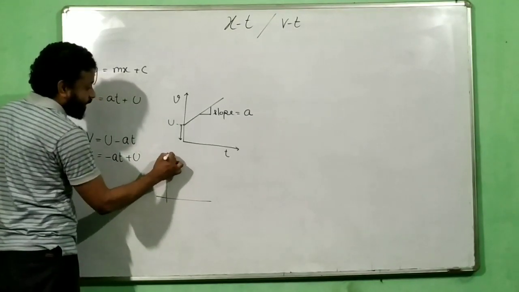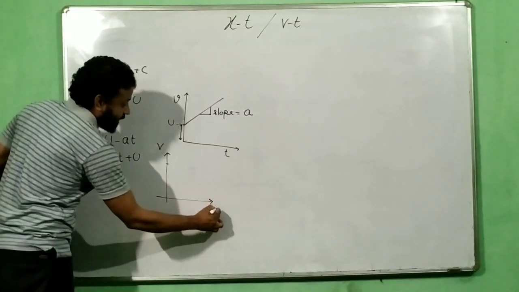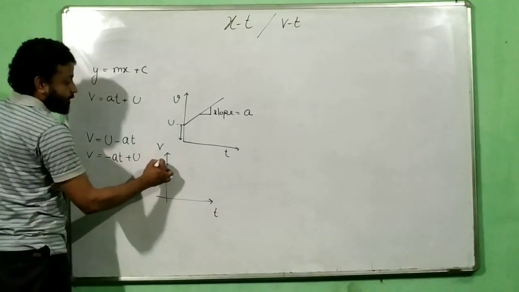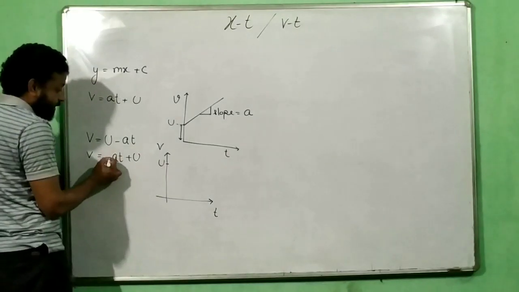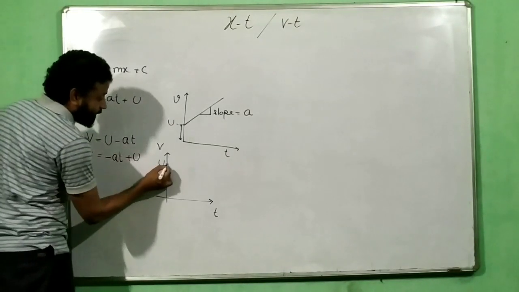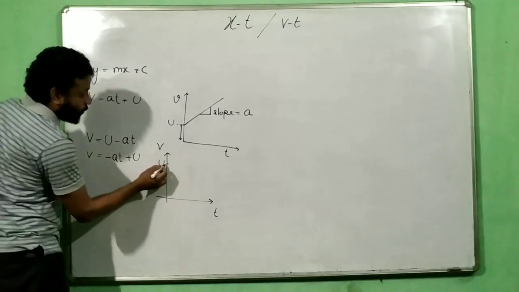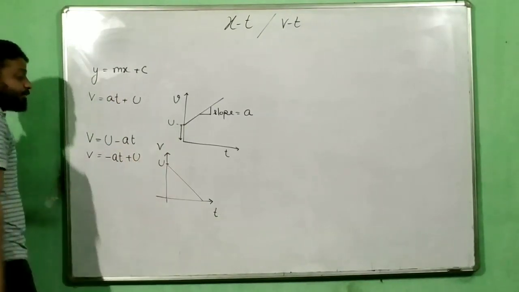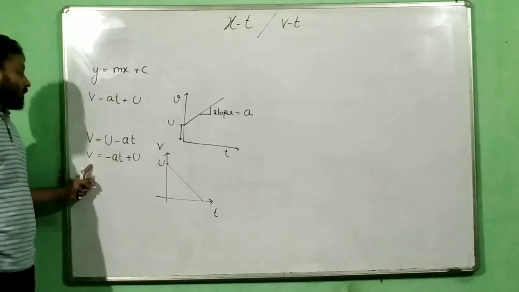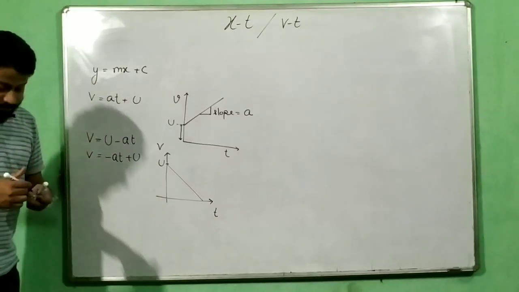This is my v axis, this is my t axis. So if this is my initial velocity u, and it is undergoing retardation, it will have a negative slope. Negative slope means the graph will look like this. These are the two things which you have to know.